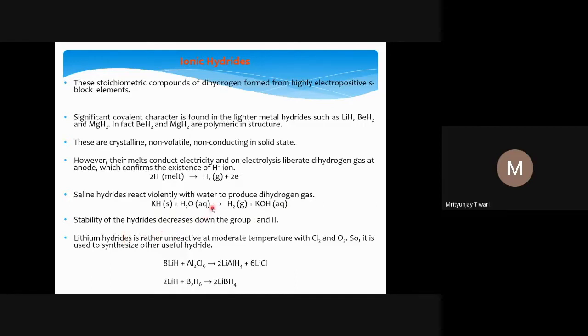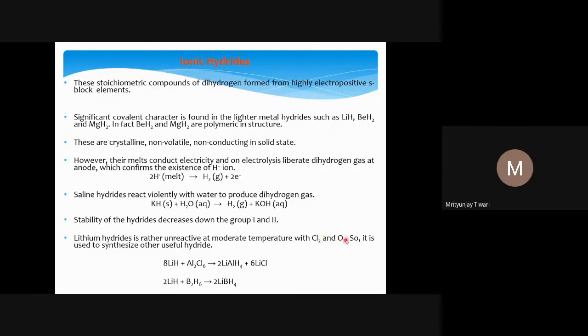The stability of ionic hydrides decreases down the group, and group means group 1 and group 2 s-block elements that we saw form ionic hydrides. Lithium hydride is rather unreactive at moderate temperature with Cl2 or O2.